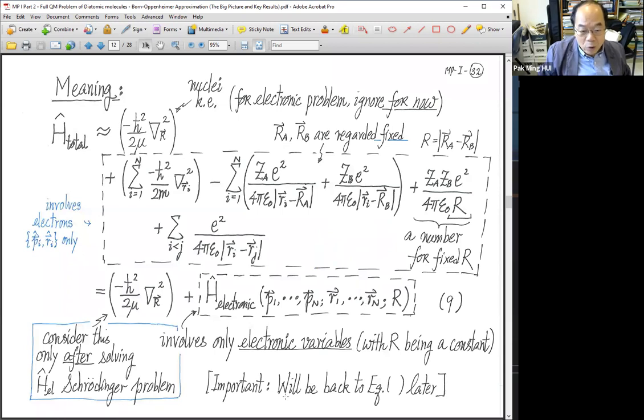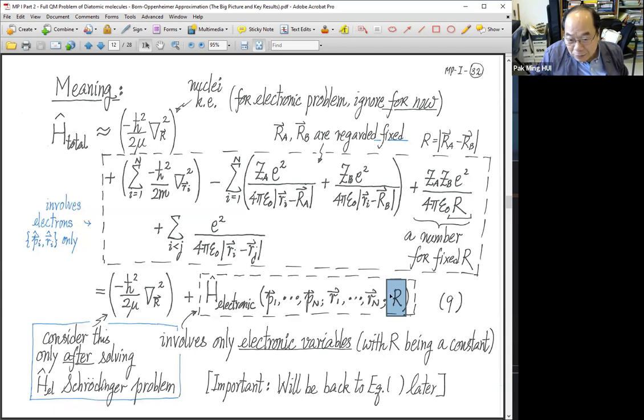So we will call it the electron Hamiltonian. To be very sure, we are thinking about a given separation of the two nuclei. Therefore, I labeled each electron problem by an R. So this R means I'm playing with a parameter, a particular separation R. Then it is one problem.